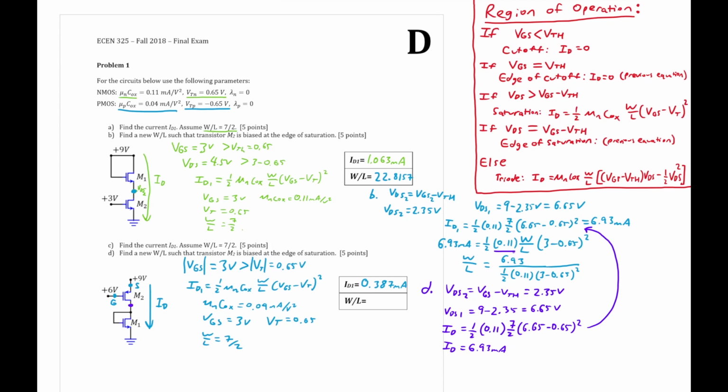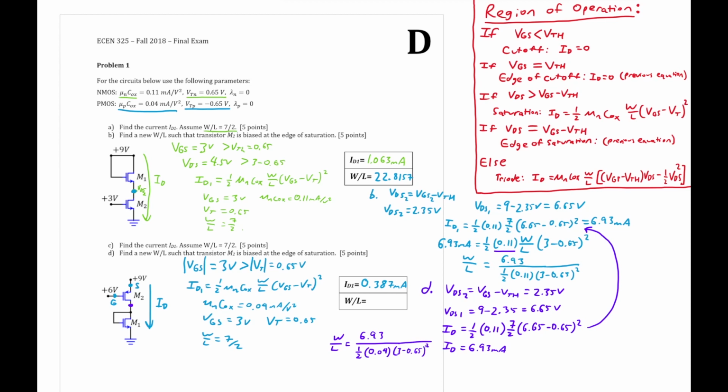So it changes from 0.11 to 0.04. So let me go ahead and write that. W divided by L is equal to 6.93 divided by (1 over 2, 0.04 now, times (3 minus 0.65) squared).